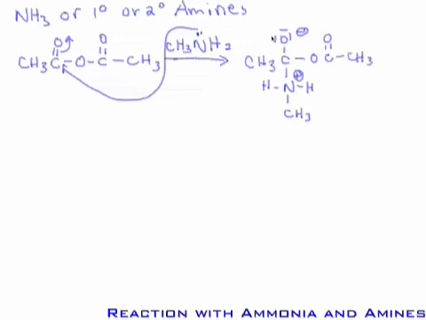And so the C double bond O reforms, kicks out the carboxylate. We lose the carboxylate anion, and we end up with a protonated amide.